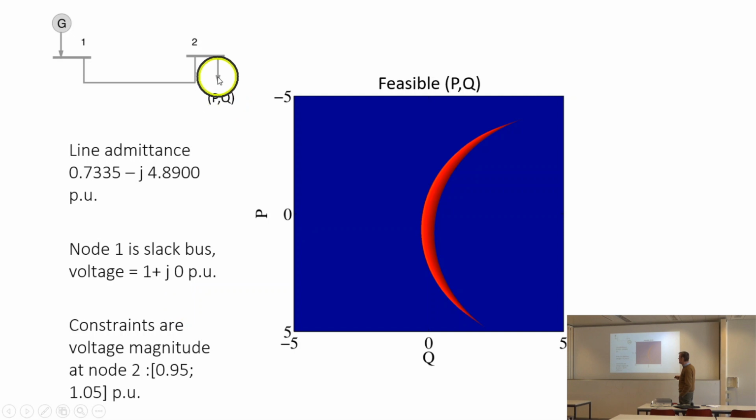For a given P and Q, the generator that is the slack bus will compensate whatever power is required. So the generator will generate the P and the Q plus the losses of the line, the active and reactive losses of the line, which are entirely determined by P and Q.